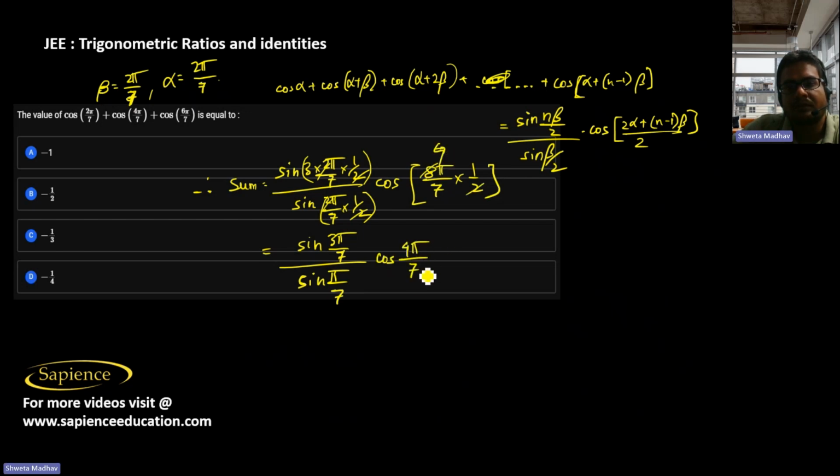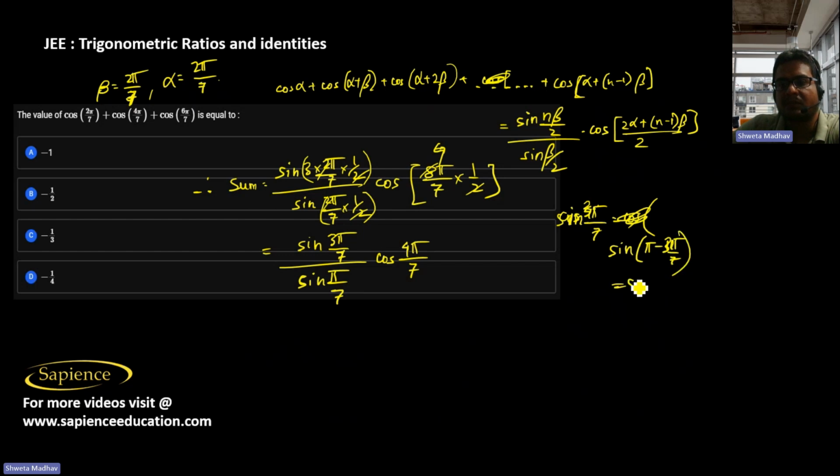Now sine 3 pi by 7 is also the same as sine of pi minus 3 pi by 7, which is equal to sine 4 pi by 7. So this is also sine 4 pi by 7.